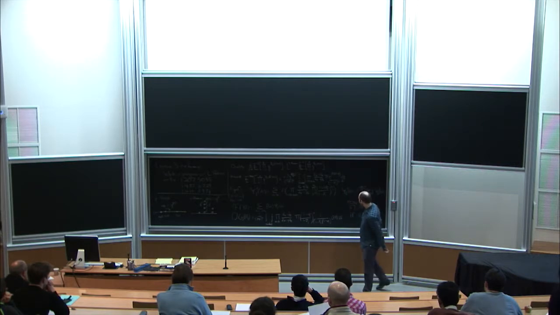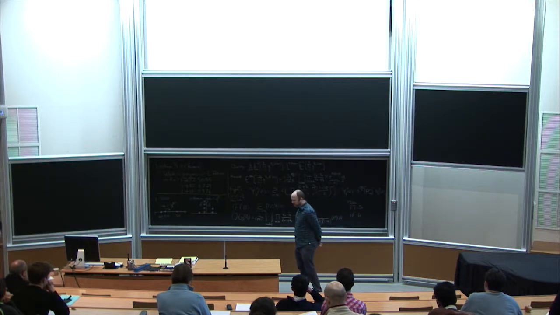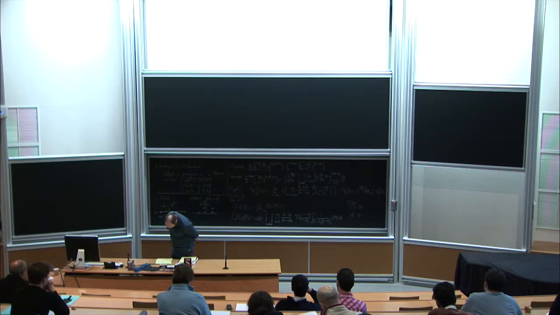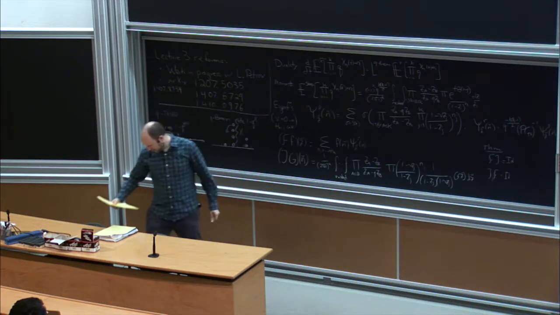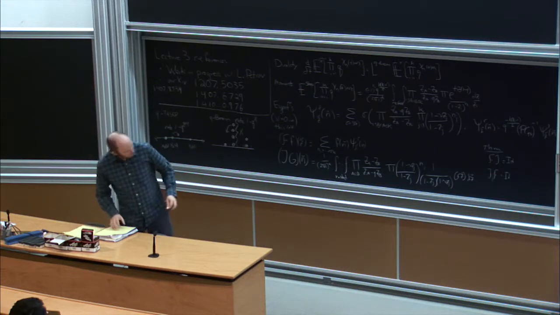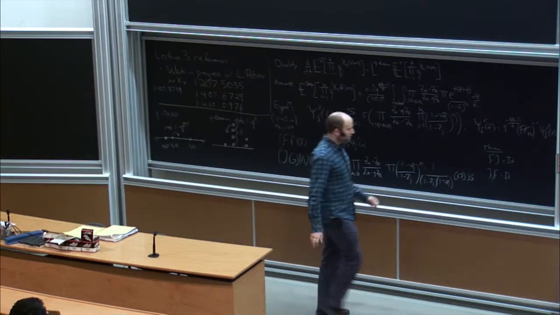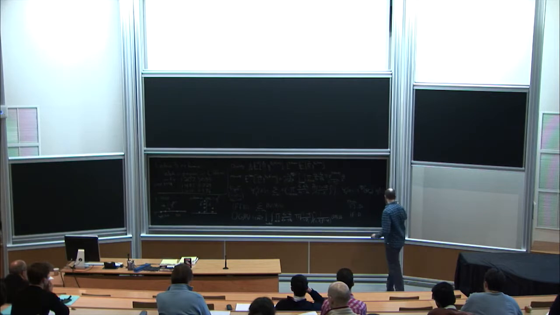The proof of this theorem for general nu is contained in a work whose reference I wrote down yesterday: 1407.8534. That contains the proof of that. So good, I'll leave this up there and occasionally refer back to it.